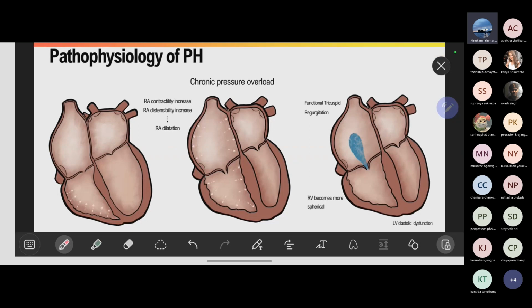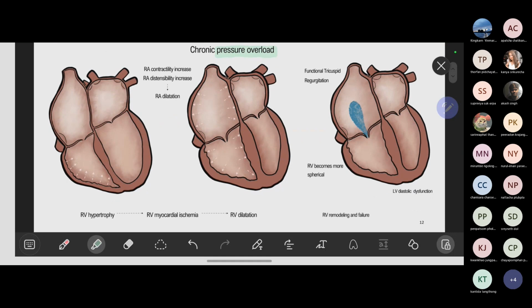This shows cardiac change secondary to pulmonary hypertension with pressure overload. Cardiac change depends on overload severity and rapid onset of the disease.